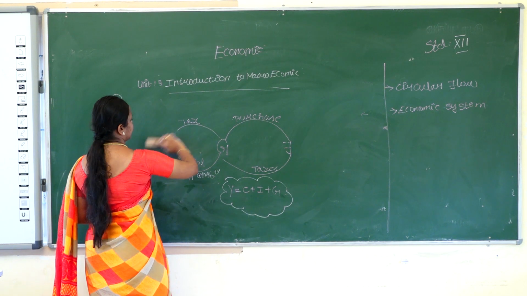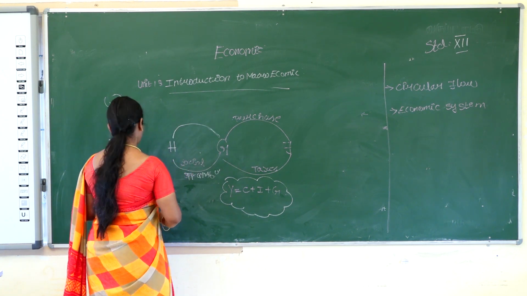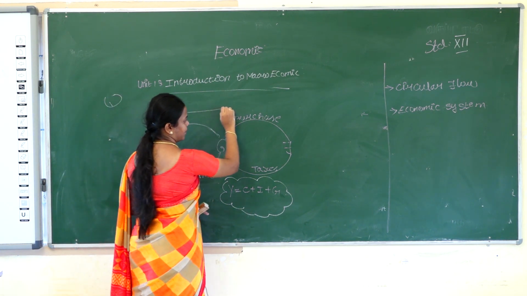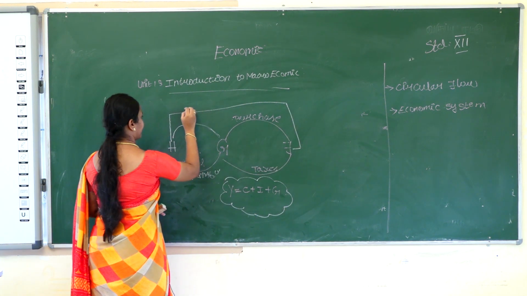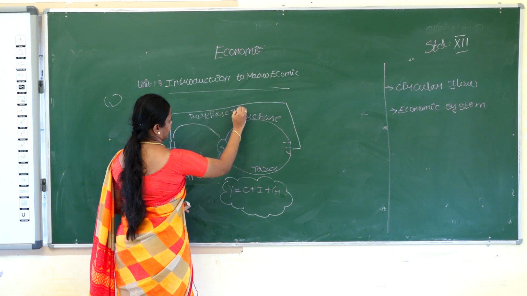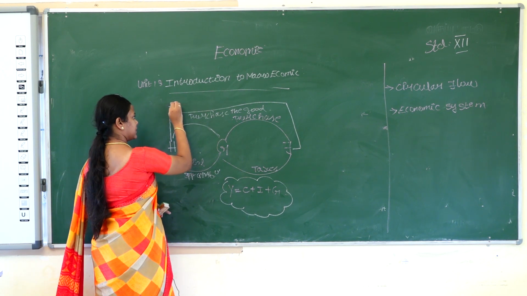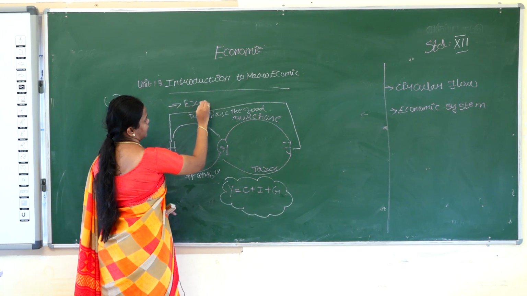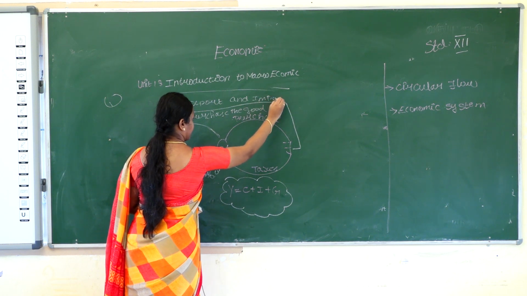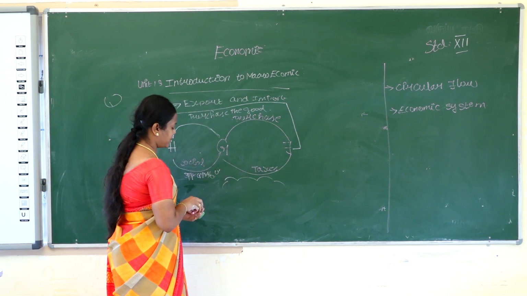Next, we move on to the third case. The third case is about the same thing. The household also purchases the goods from the firm, and the extra thing included is export and import. In the third sector, the thing which has been added is export and import.